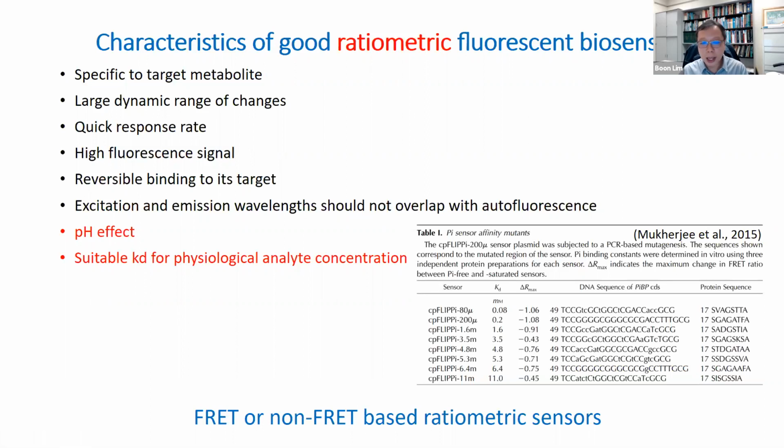We also need to pay attention to the effect of pH. For some sensors, there is a range of sensors that have different KD, and we need to pick the sensor that has a suitable KD for the physiological analyte concentration. Nowadays, those ratiometric fluorescence sensors can be classified into two groups based on their mechanism: the FRET or the non-FRET based ratiometric sensors.